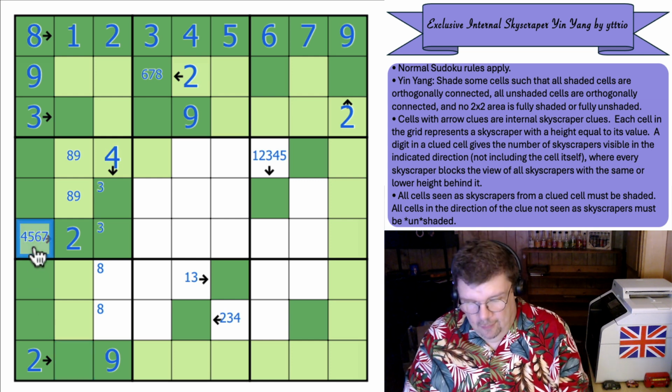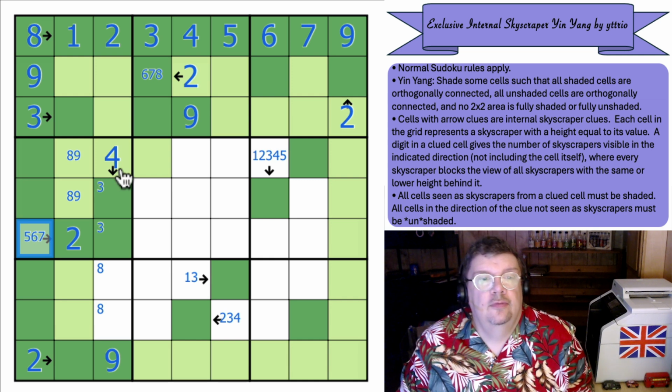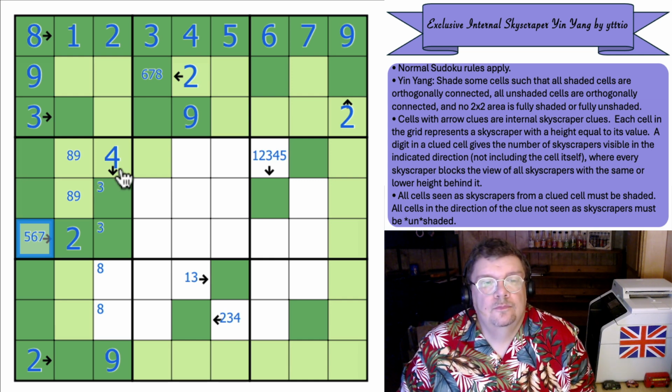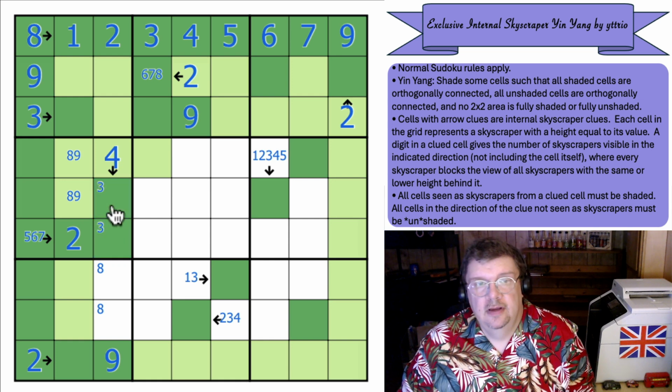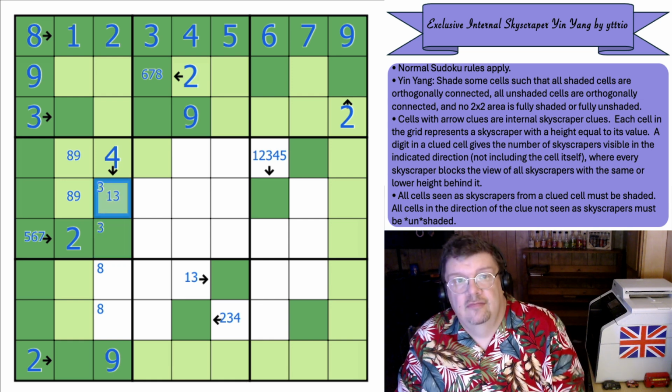That can't be a 4 by Sudoku. That can't be a 1. That could. In fact, if that is a 3, then that must be a 1. And if that's not a 3, then this is a 3. So this is a 1 or a 3.